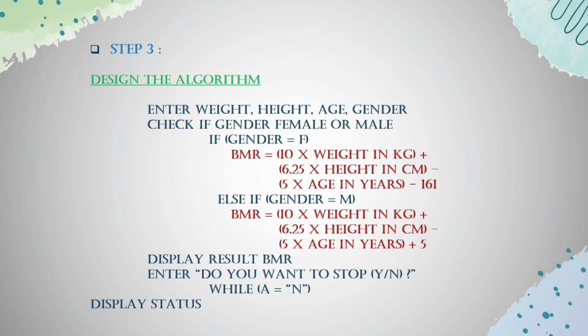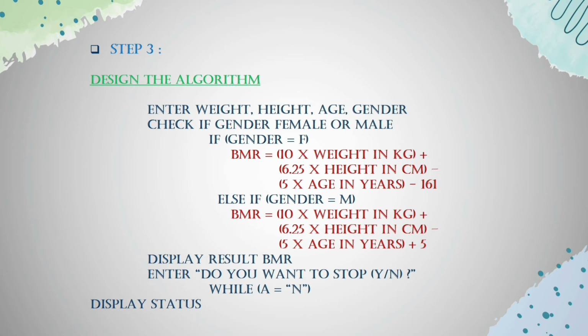And for step 3, design the algorithm. Enter weight, height, age, gender. Check if gender is female or male. If gender equals F, BMR equals 10 times weight in kg plus 6.25 times height in cm minus 5 times age in years minus 161.